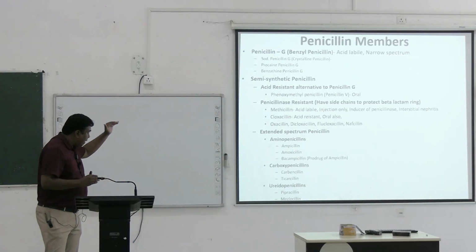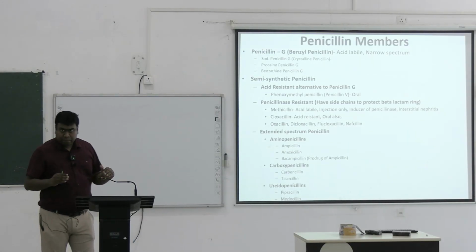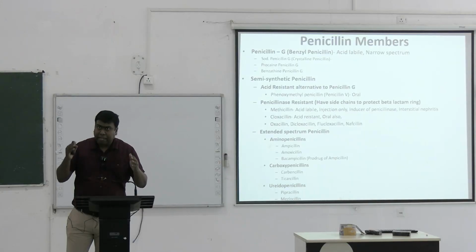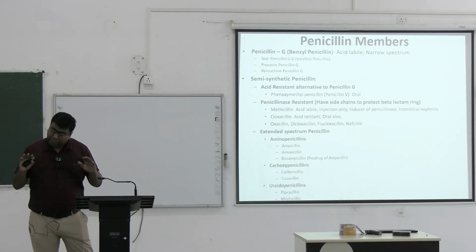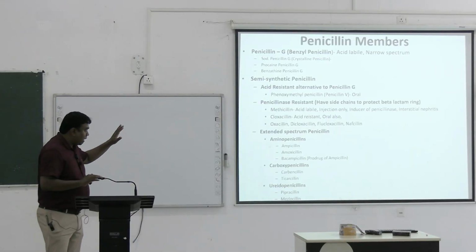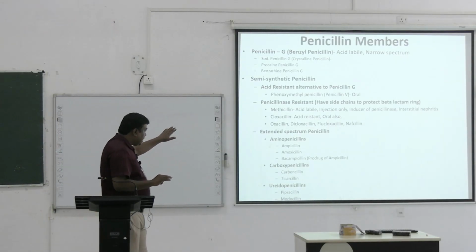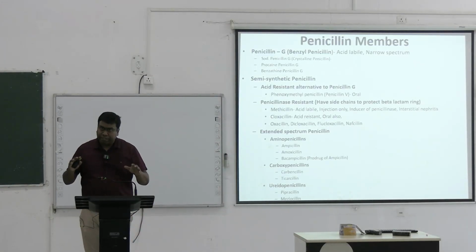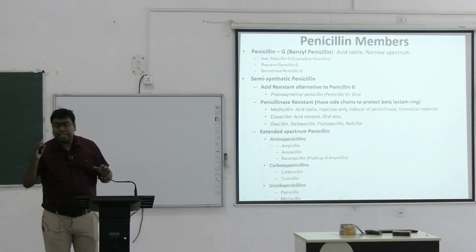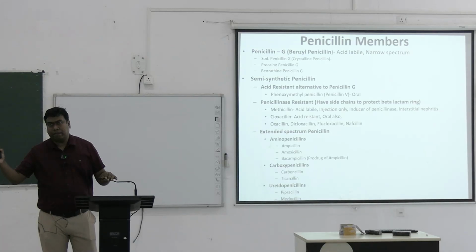Next one is penicillinase resistant. Penicillinase is an enzyme that breaks down the beta-lactam ring. Clear? There are some drugs like Methicillin, Cloxacillin, which can be given in a penicillinase producing organism.